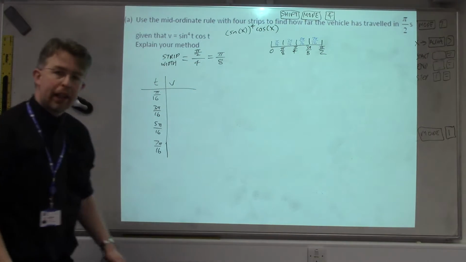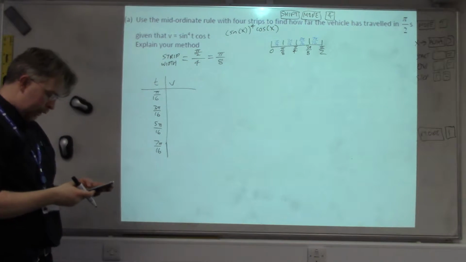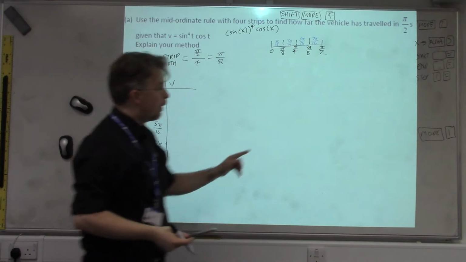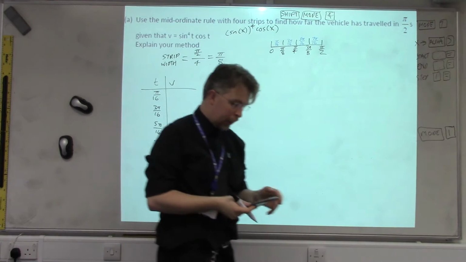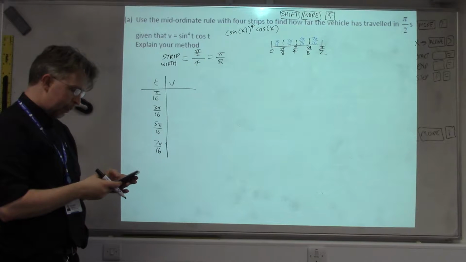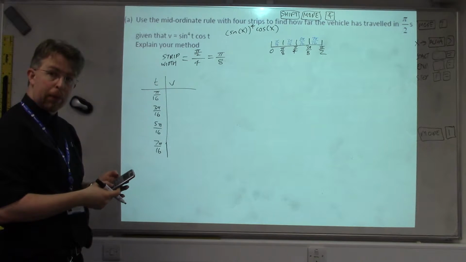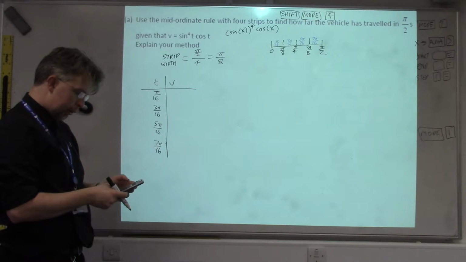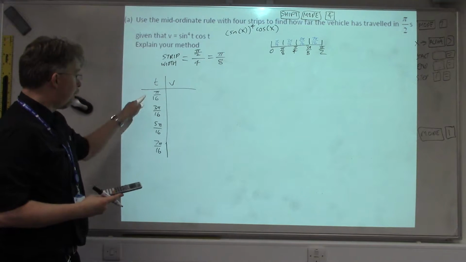The calculator opens brackets, so we need to close them. So bracket, sine alpha x, close bracket, close bracket to the power of 4, press right to put the cos in, so press cos, alpha x, close bracket, equals. Now where are we starting?